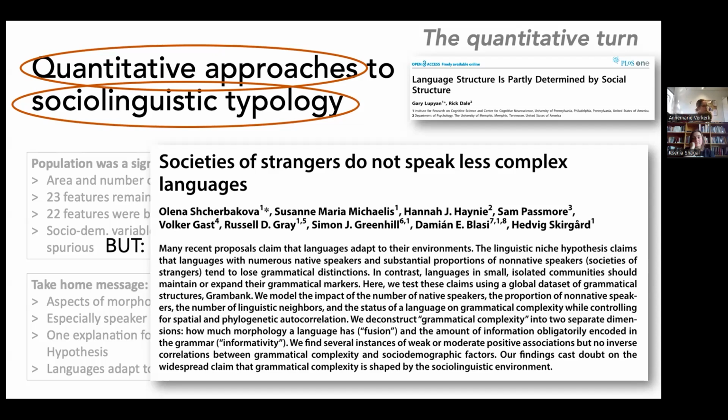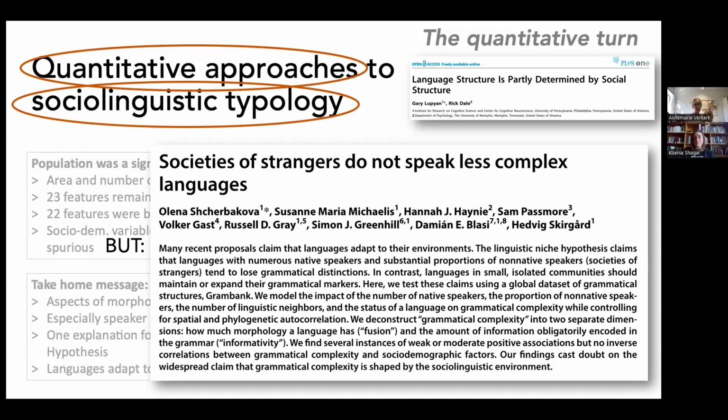So, basically, I don't want to go into this paper too much today, unless you guys have questions about it and we have time. I can already see from the clock that we won't have time. The paper by Lupien and Dale, together with the paper by Sinamaki, kind of triggered this quantitative turn and all of this quantitative statistical work on sociolinguistic typological questions.